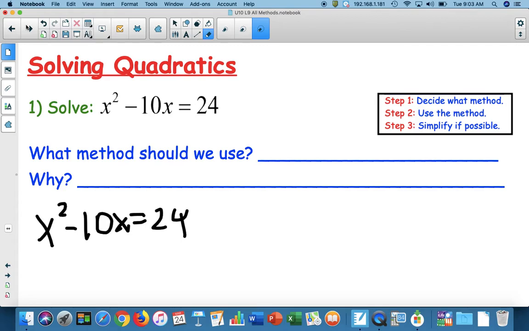Now, let me write down that answer right here for you. The reason is because there's no number in front of x squared, so that's why we can use either one.